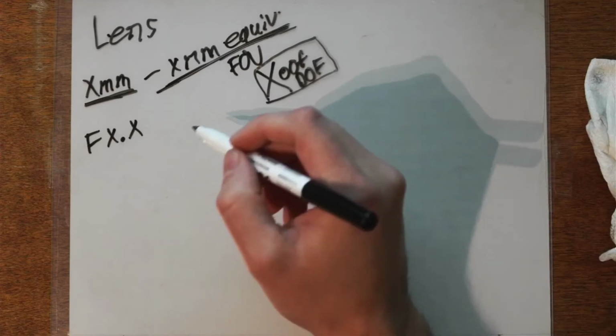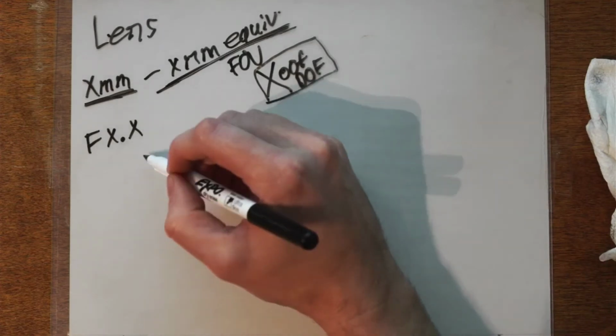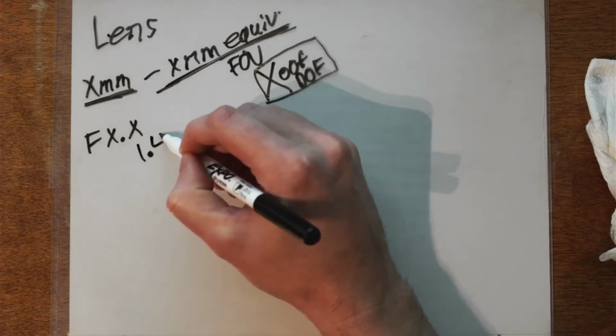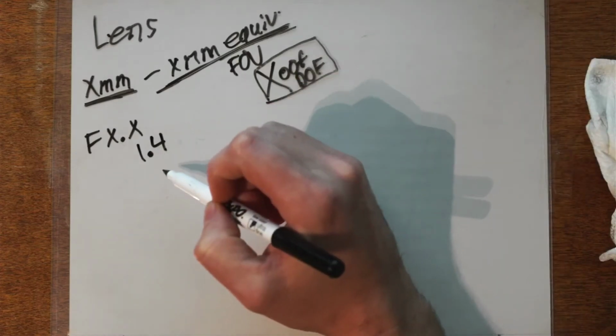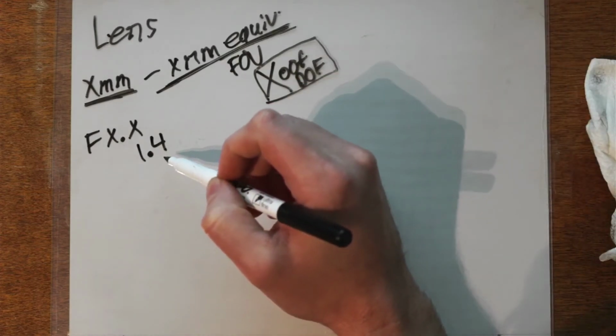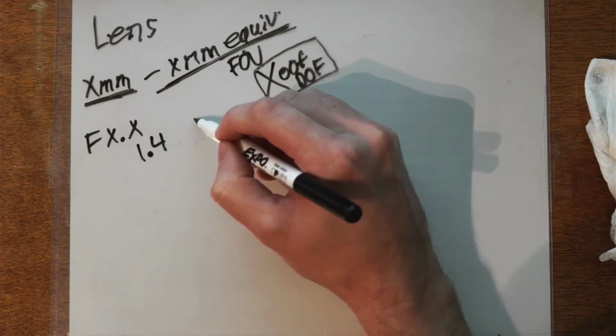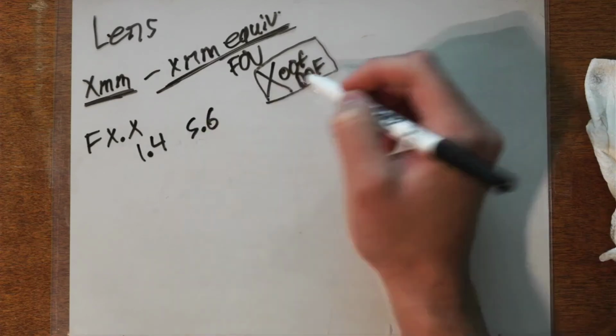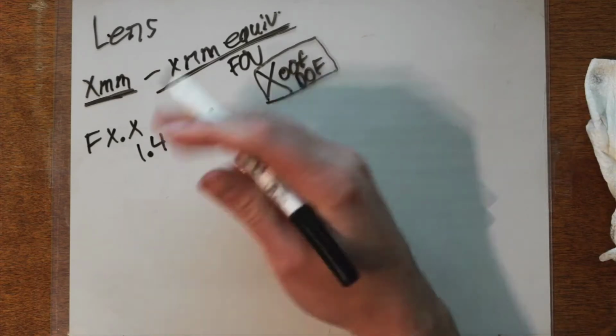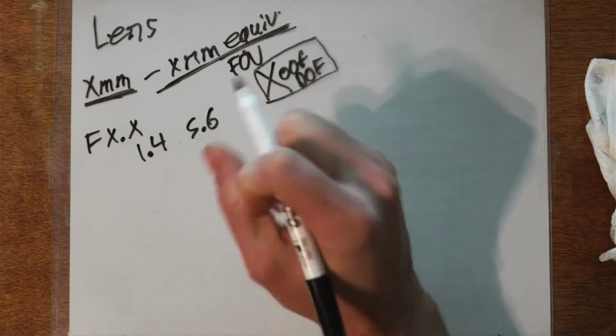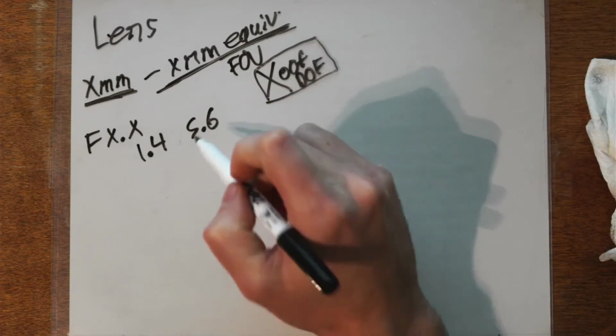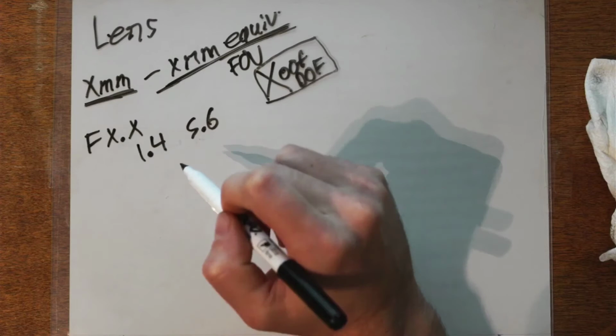The brightest thing that you will normally see on a lens is 1.4. The dimmest or the least bright you'll see generally is a 5.6. Sometimes you'll see higher than that, and you can always make an aperture go higher than that, but at its maximum, very rarely are you going to see anything darker than 5.6.